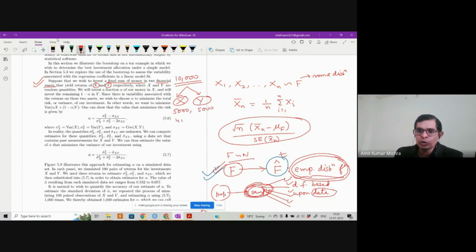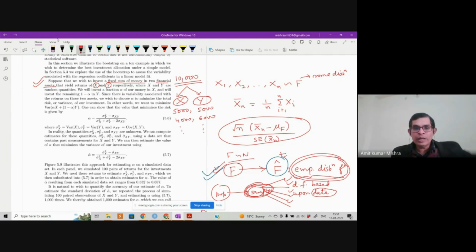One may say 4,000 here and 6,000 here. So the question is how much we should invest in these two so that the total return is maximized. That is our interest.